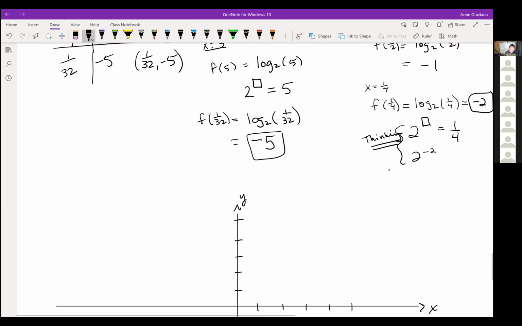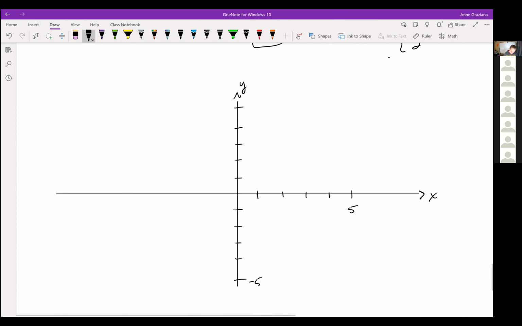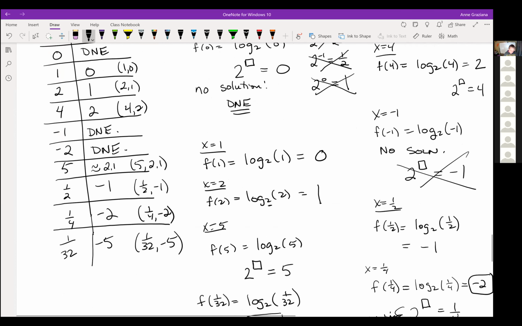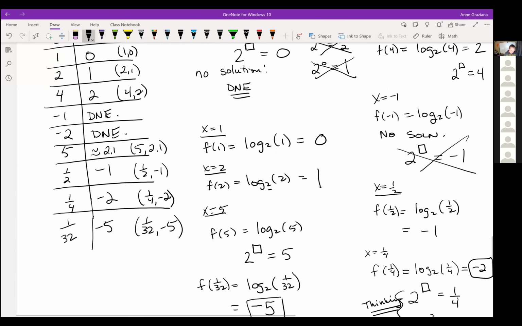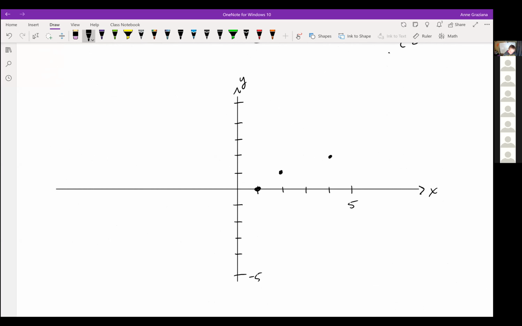All right, so first point is 1, 0. So that goes here, 1, 0. Then we have 2, 1. Then I have 4, 2. Okay, 1, 2, 3, 4, up 2.